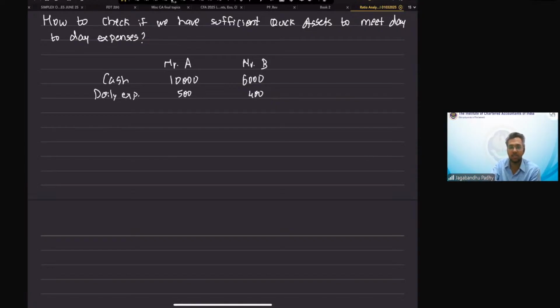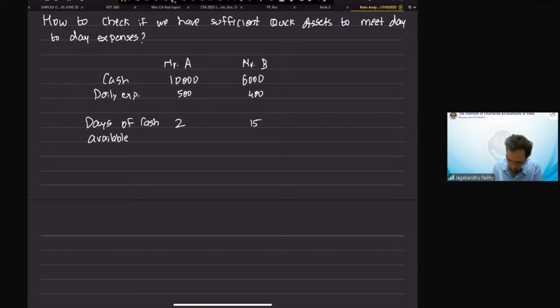So the cash balance which Mr. A has is sufficient for 20 days. What about Mr. B? Can I say 15 days, right? So I can say days of cash available is 20 here, and here it is 15 days.